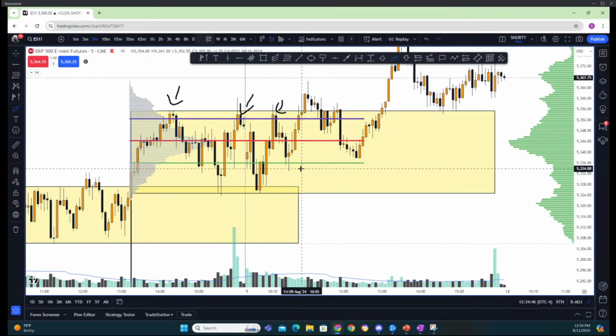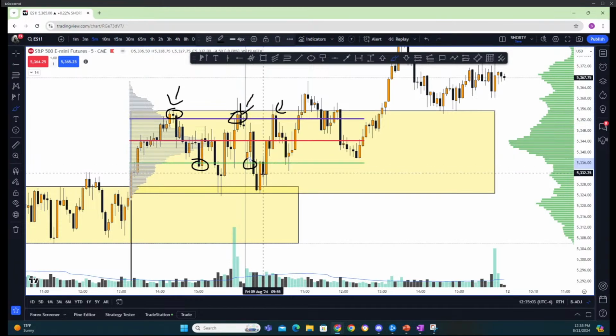Okay, now take a look at the details of this. It's important because the devil is in the details. Every time we went below this value area low and high of this bracket, I just basically drew it to here. Okay, when we went above this value area high, what happened? We went to the opposite.